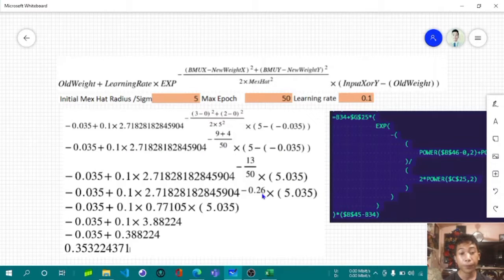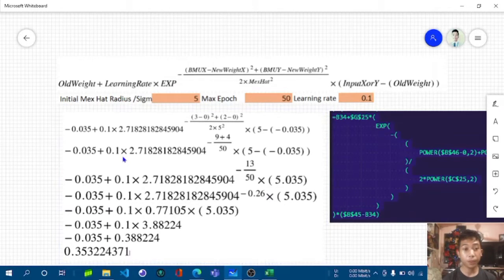Then when we raise it to negative 2.718, the constant value of exponent, we will get 0.77105 times 5.035, which will result to 3.88 times 0.1, which is 0.3882, plus negative 0.35, which is 0.353. So this will be just for the new value for the x.